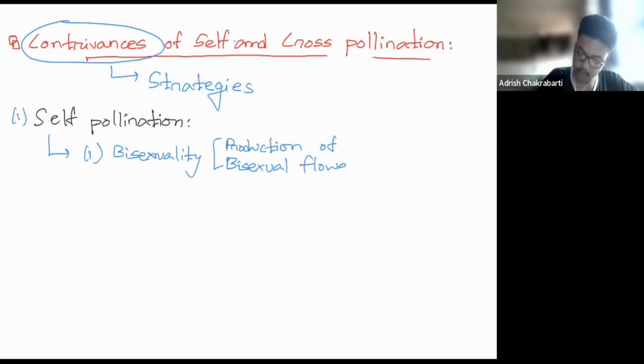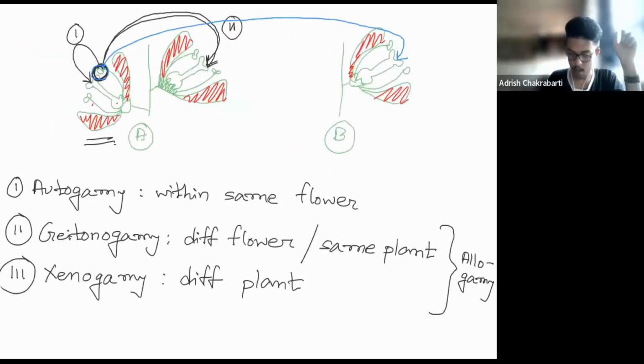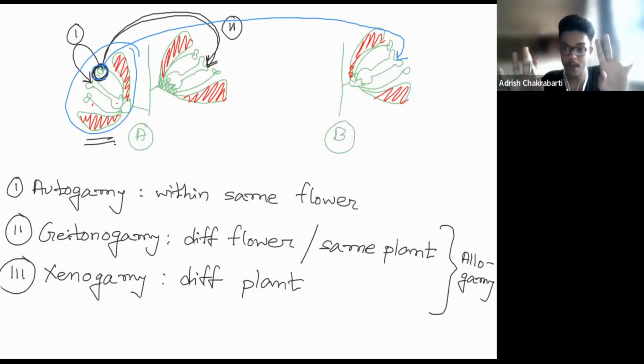Now what does this mean? Consider a flower, like in this case. In this particular flower, we observe autogamy. Why? Because the same flower had the male reproductive part and the female reproductive part as well. That's why self-pollination, autogamy, could occur.